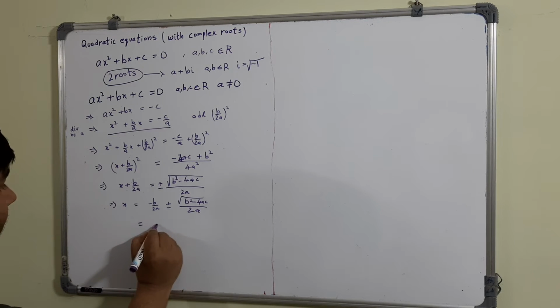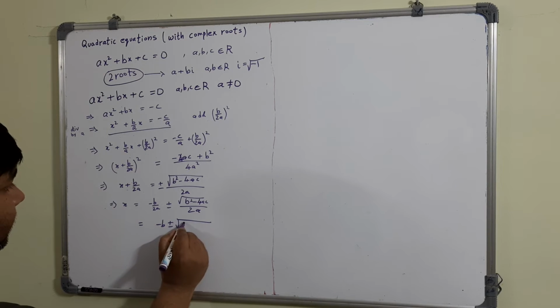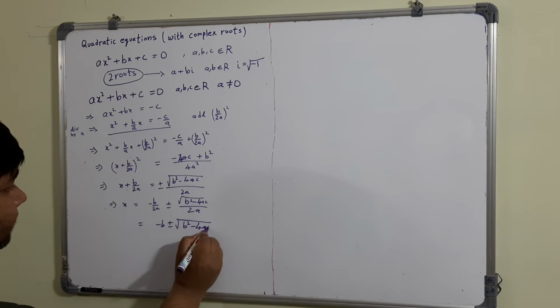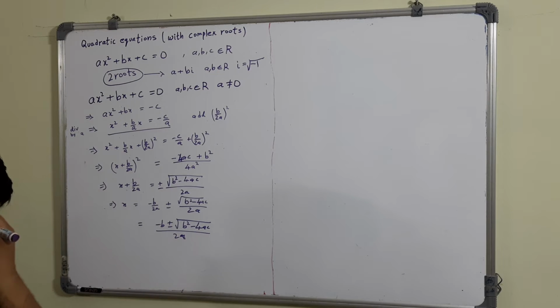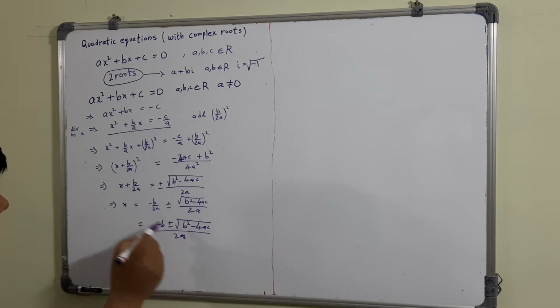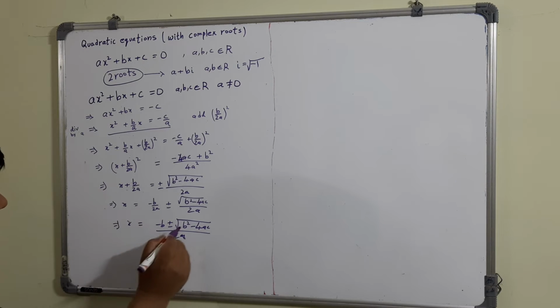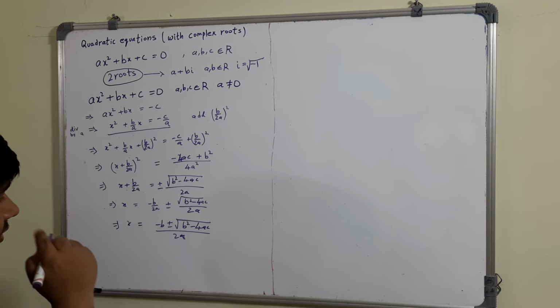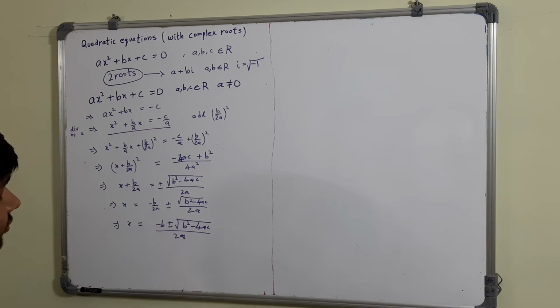This would be minus b plus or minus root under b square minus 4ac by 2a. So this is the value of x here. This is the solution. This is actually two numbers, with a plus and minus sign for the two numbers.